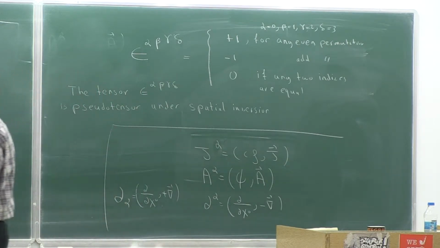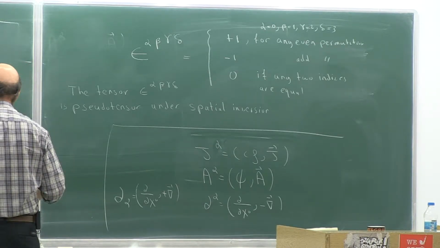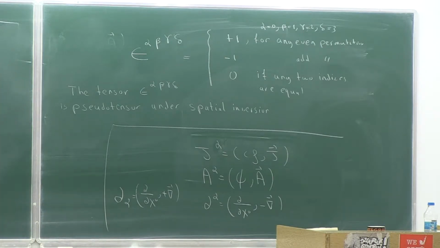So at this point, let us contract two indices and convert this 4-rank tensor to rank 2. So the definition is the following.